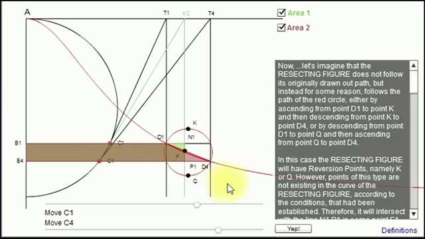And he was just showing that to make sure that we know that the resecting figure bears its name because it's always bisecting this line from M2, which is falling in between the ordinates.